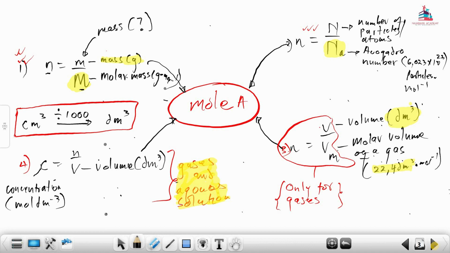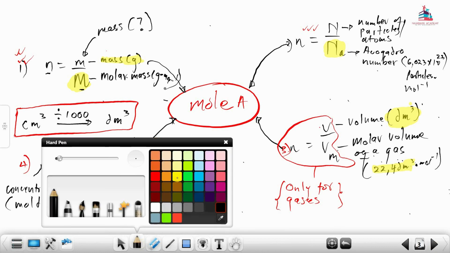We did a few examples on equation number 1, a few on equation 2, trying to link the two with one another. Now I'm going to move into the third one.